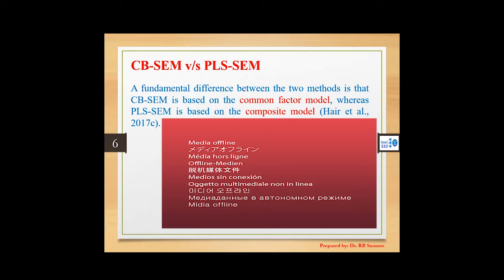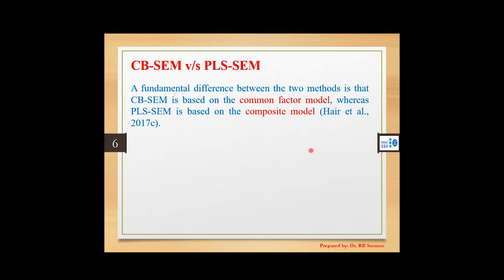On the other hand, sample size is also a big matter when choosing the common factor model or the composite model. While the factor model requires a large sample size, here large sample size is sometimes subjective.